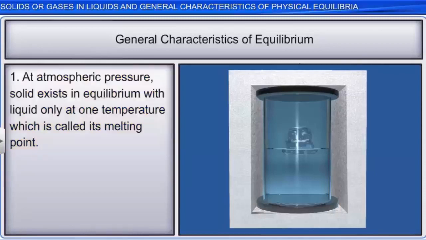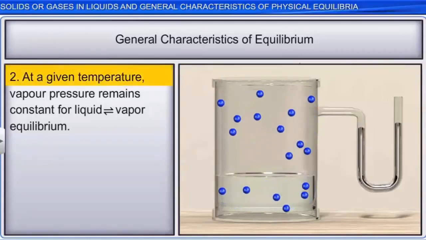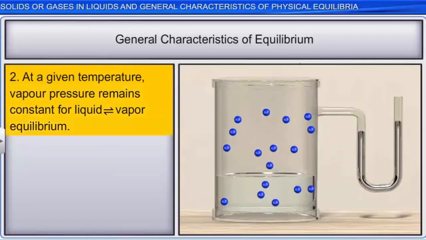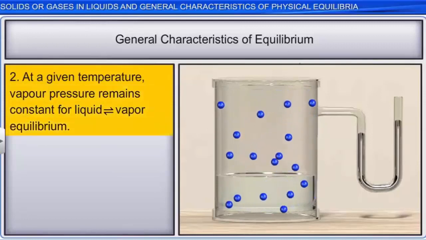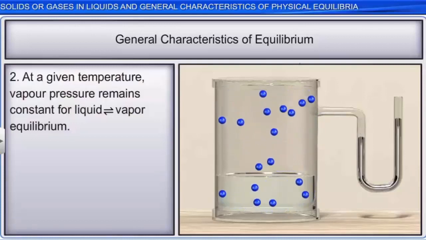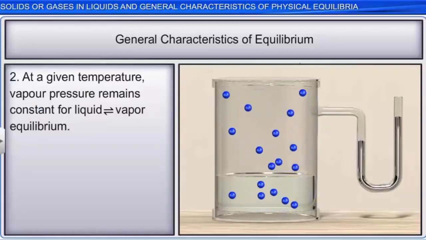For example, at atmospheric pressure, ice exists in equilibrium at 273 Kelvin. At a given temperature, vapor pressure remains constant for liquid-vapor equilibrium. For example, in equilibrium between water and water vapor, the vapor pressure of water remains constant at a given temperature.